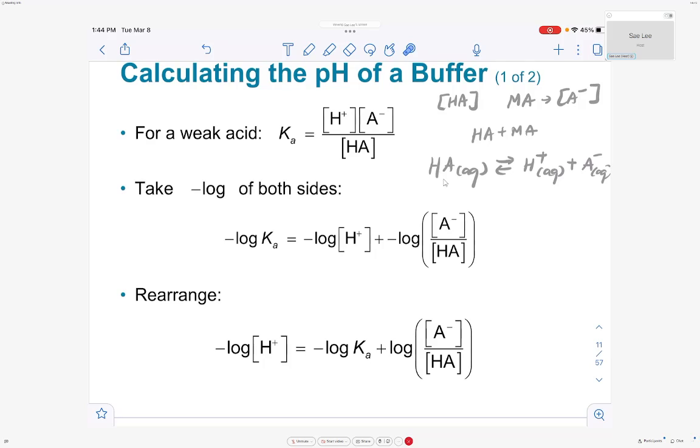Okay, so here what we did was take negative log of both sides. You take negative log of Ka and take negative log of this entire thing. Okay, so if we separate, negative log of proton concentration here, negative log of conjugate base divided by acid over here.